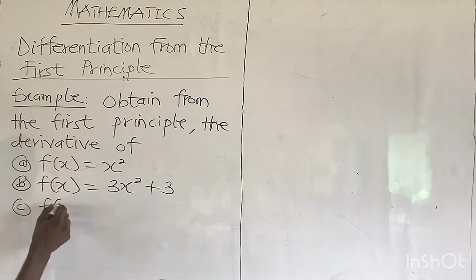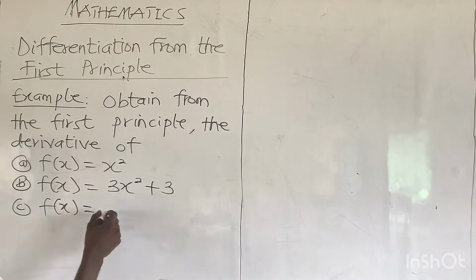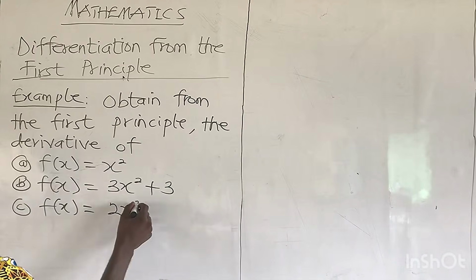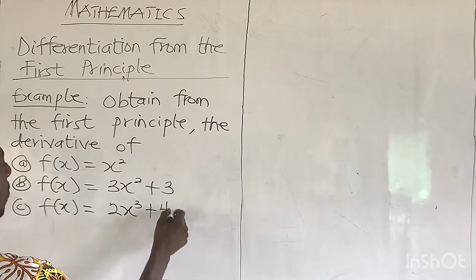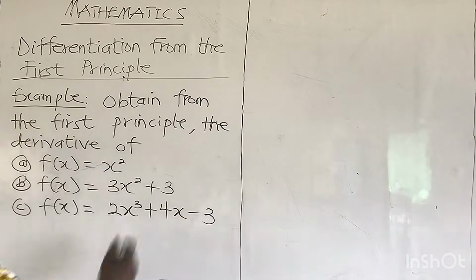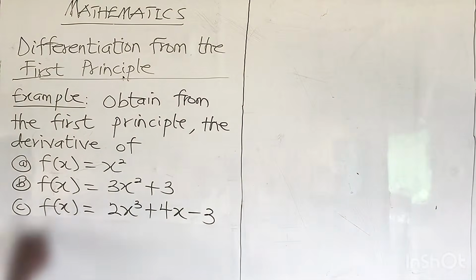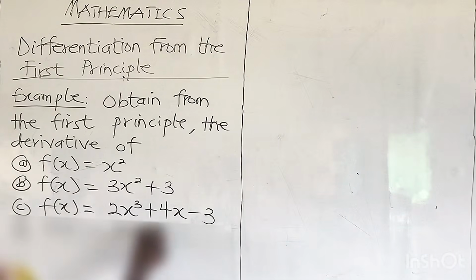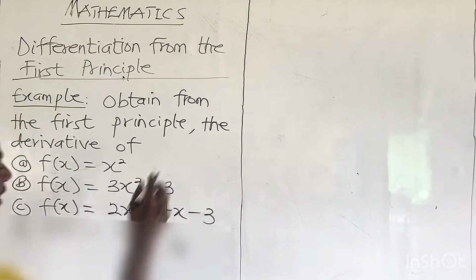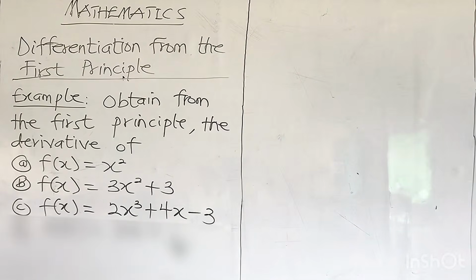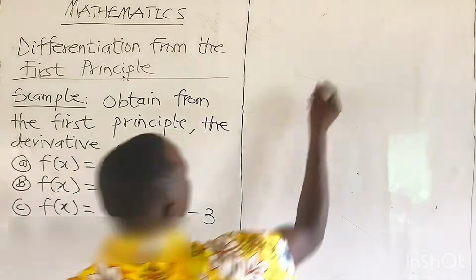C. f of x is equal to 2x cubed plus 4x minus 3. And you're going to look at how we can use the first principle in getting their derivatives. So let's start with the first one.